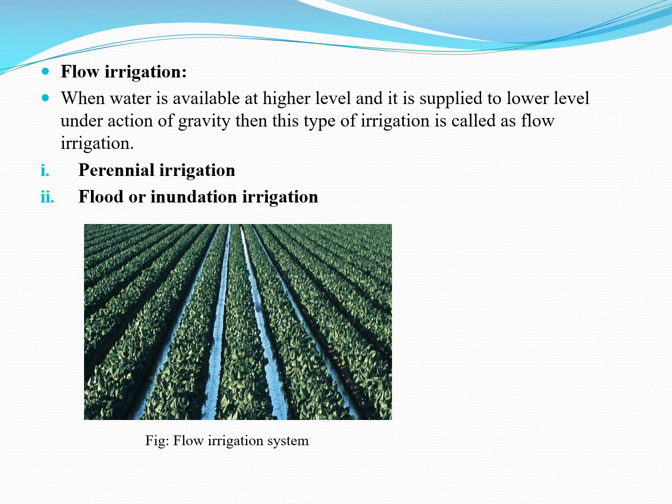Now the second type is flood or inundation irrigation. Flood is also called inundation, and it is the method that intentionally creates a flooded land condition, and this makes the soil completely saturated.